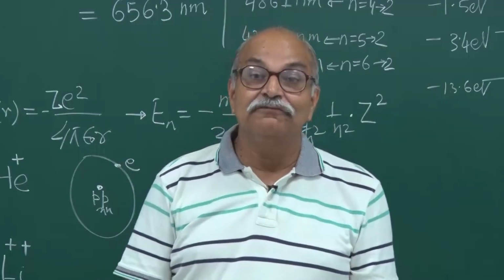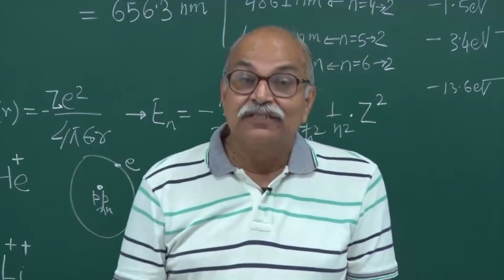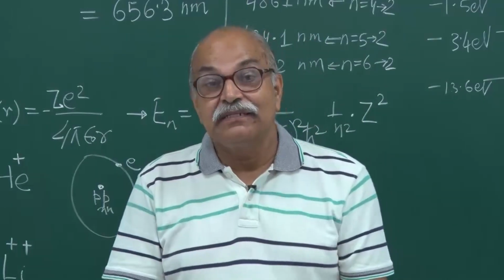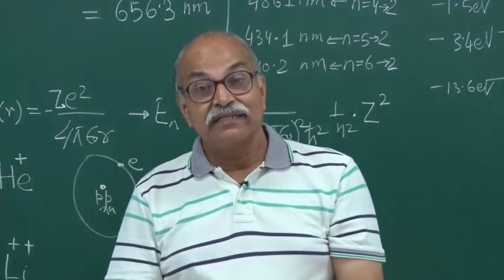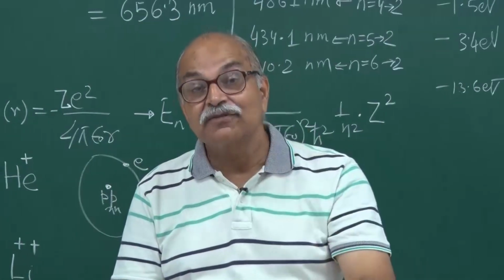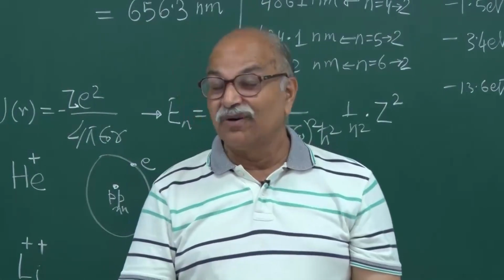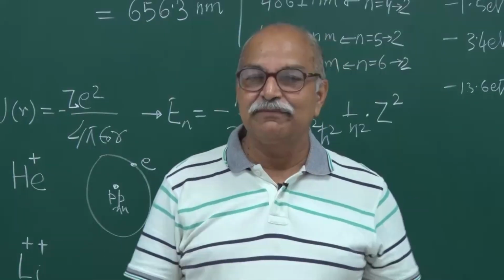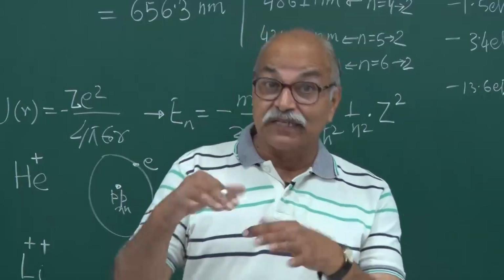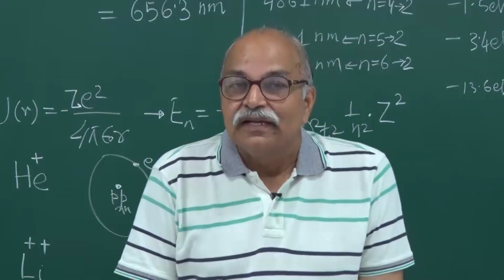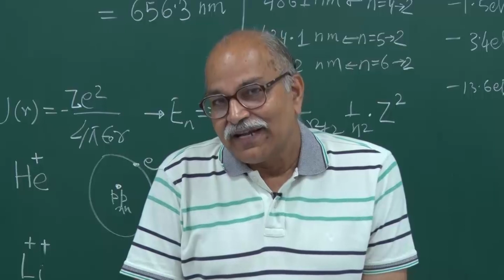It is not of 1 by r type. So if the potential is different from that 1 by r type, it turns out that this model in terms of circular orbits, or if you stretch it to elliptical orbits using classical physics with quantization of course, doesn't work well.